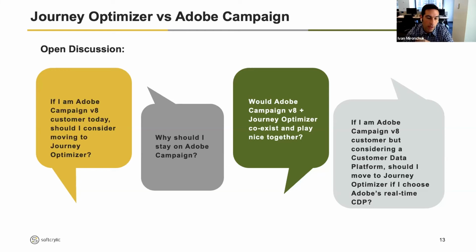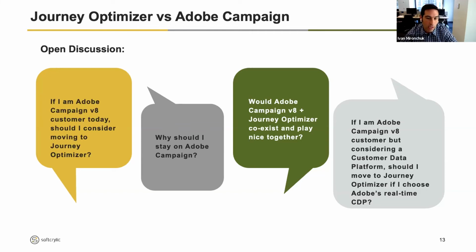What it really depends on is that the Journey Optimizer product itself, from an email delivery perspective, still has a lot of catching up to do to hit many of the same use cases that are available in Campaign Classic. So staying with Campaign for those types of workflows and use cases makes a lot of sense.